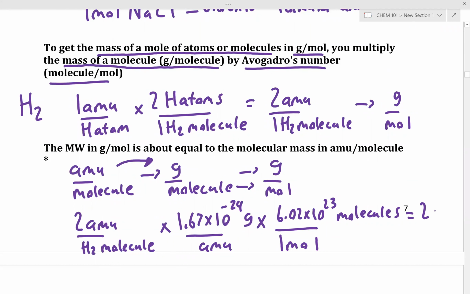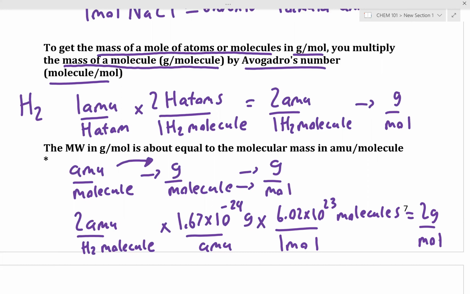Now, we're going to enter this into the calculator, but I'm going to tell you right now that you're going to get about 2 gram per mole. And this is why it's really brilliant how Avogadro's number and the atomic mass in AMU were designed, because these two numbers, when multiplied together, are equal to 1, approximately. So let's show that by punching this into your calculator.